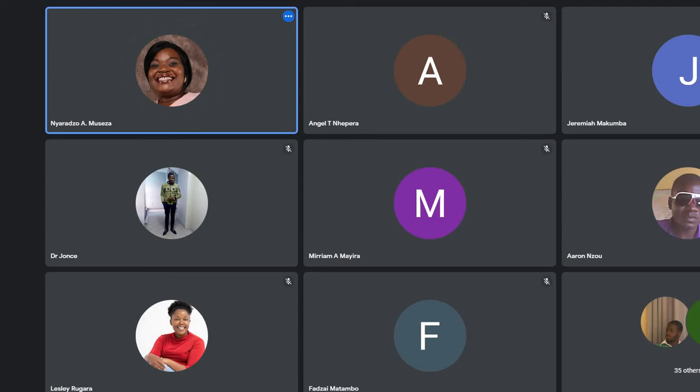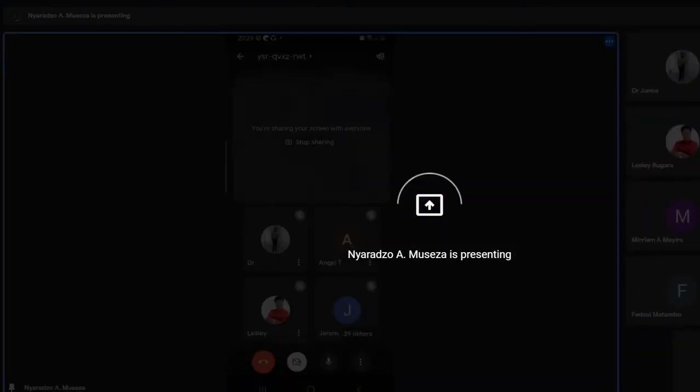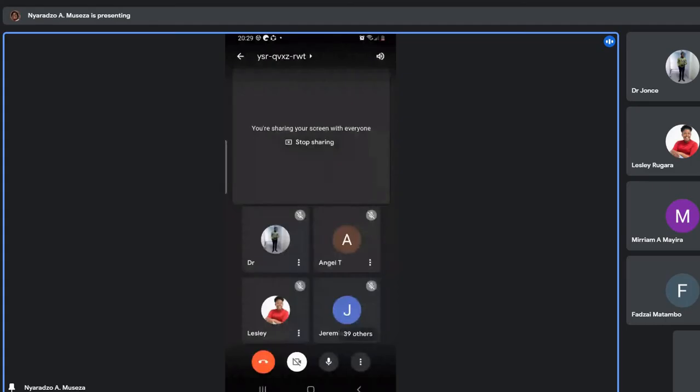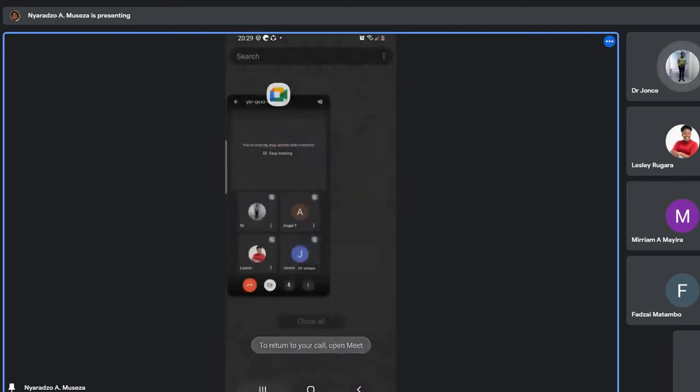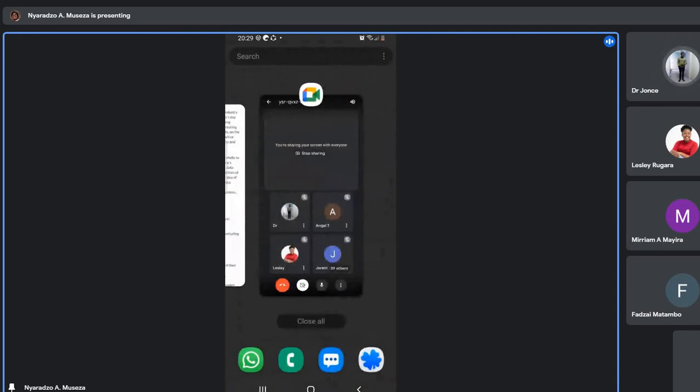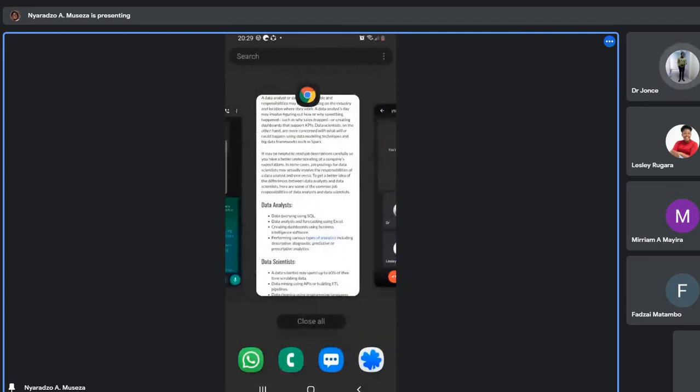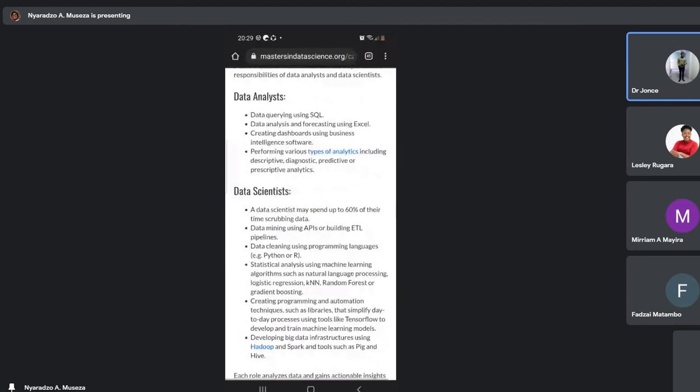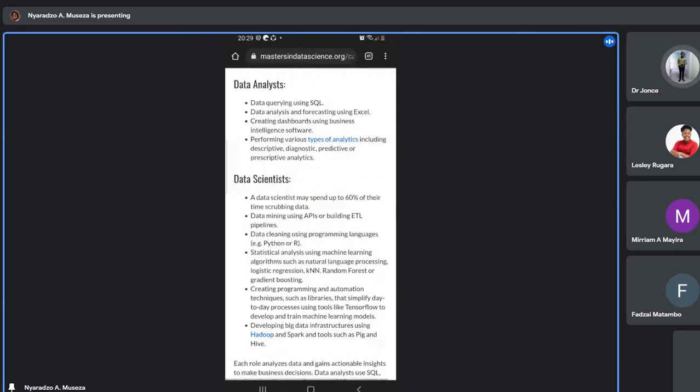Let me just try. You are sharing your screen. All I can see is an ITEL. All right, can you see something?